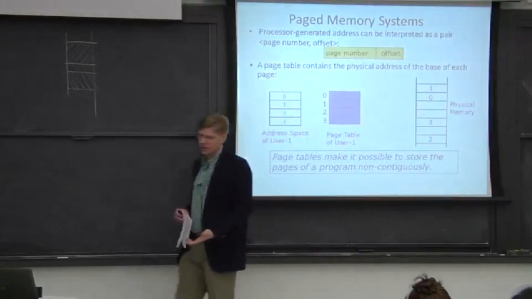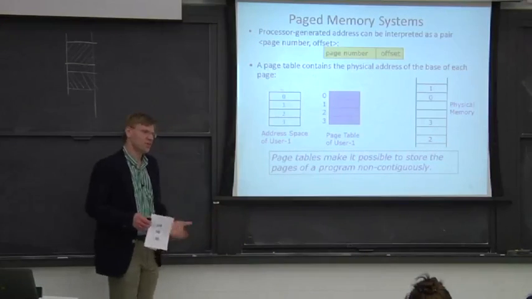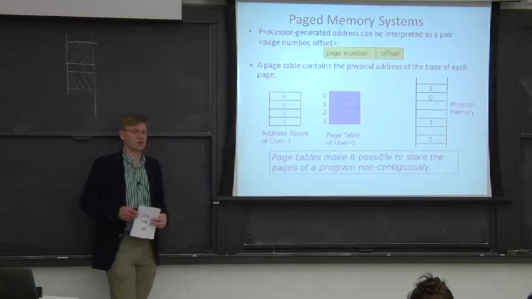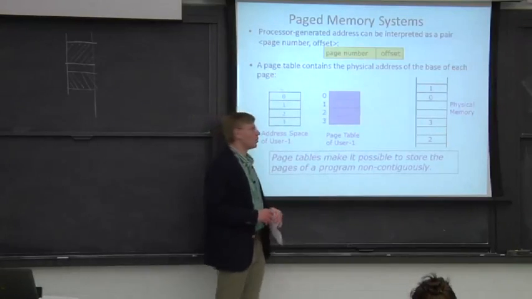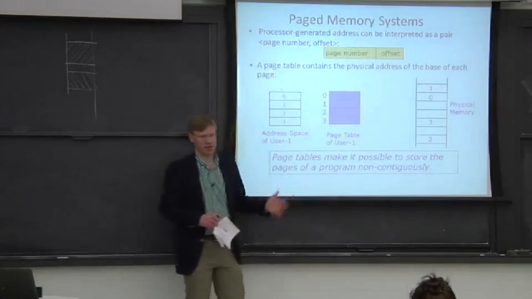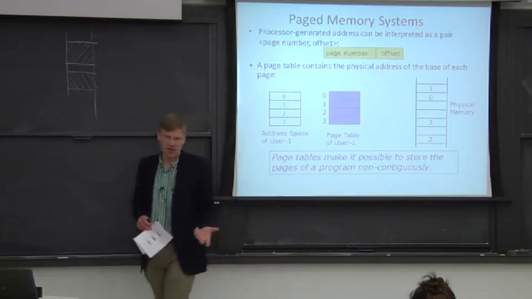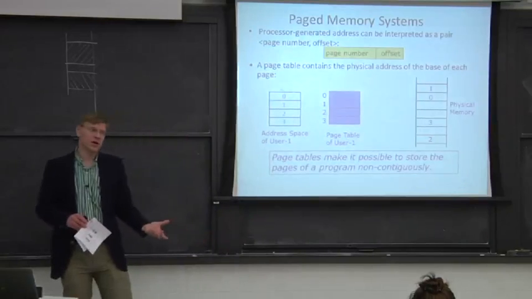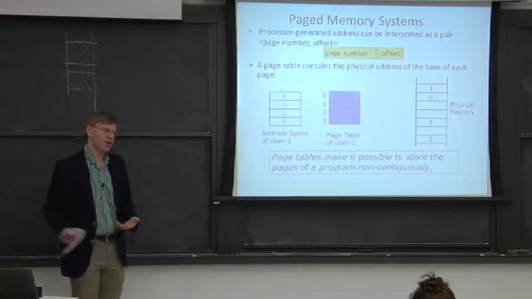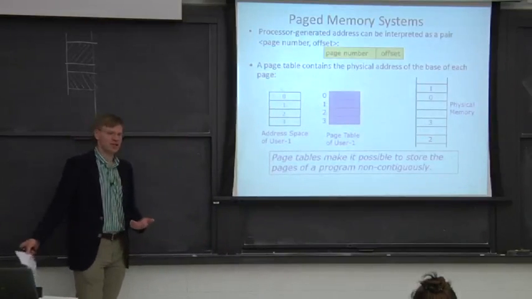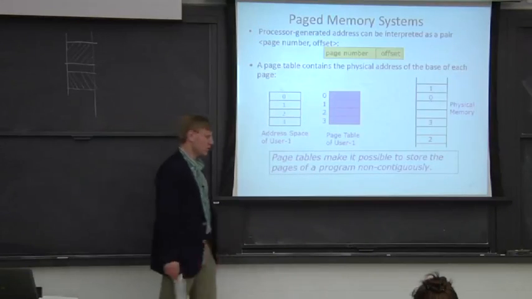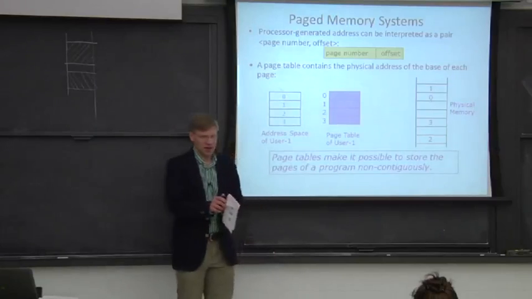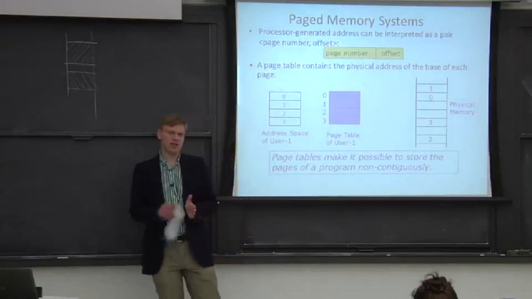It's pretty common for these page sizes to be in the range of a few kilobytes. If you look at x86, for example, the default page size is 4 kilobytes, but it also has a 2 megabyte option and a 1 gigabyte option. Some architectures like MIPS have quite a few page size options.